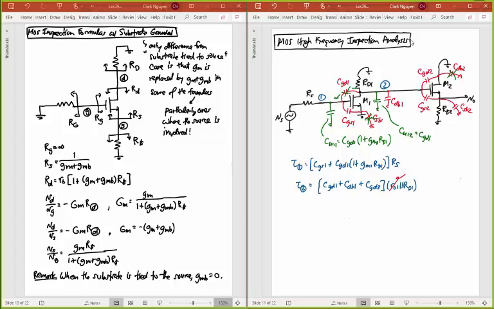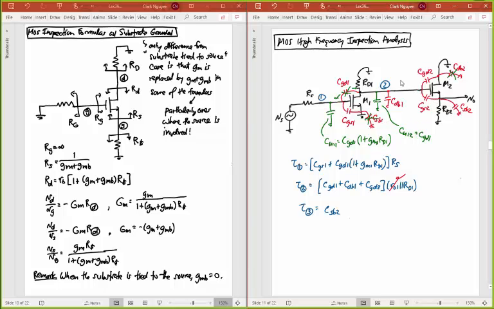Now I want my third time constant, Tau 3. Now I want all the capacitance hanging off of that output node, and all that capacitance at that output node is just CSB2. This capacitance, CGS2, that's in feedback. I can't really handle that as a shunt capacitor there.